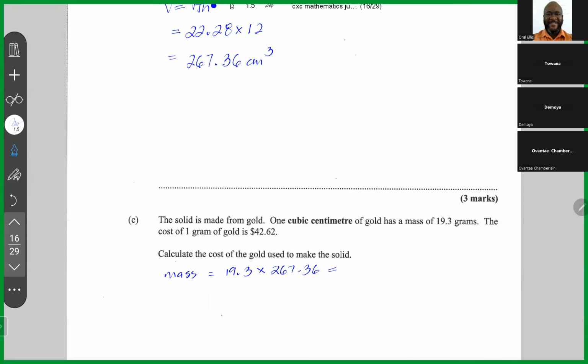Multiplying by 267.36, this thing has a mass of 5,160.048 grams.